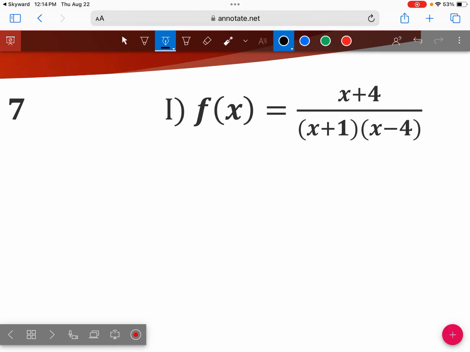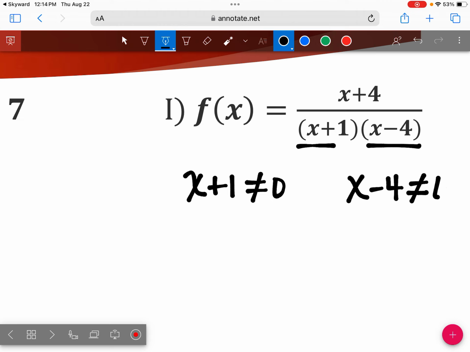Let's look at question I. So there's two different equations that we have to solve for x. X plus 1 cannot equal 0. X minus 4 cannot equal 0. So there are two numbers that I need to exclude from the domain.